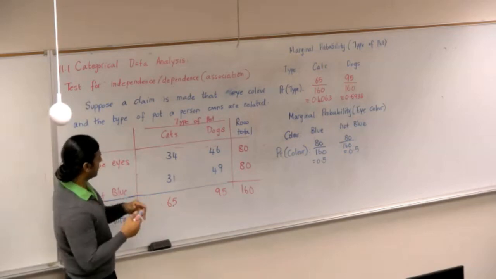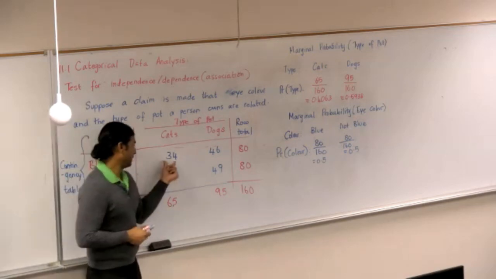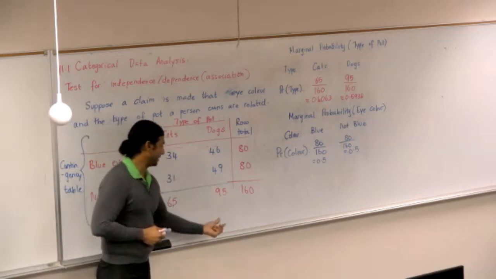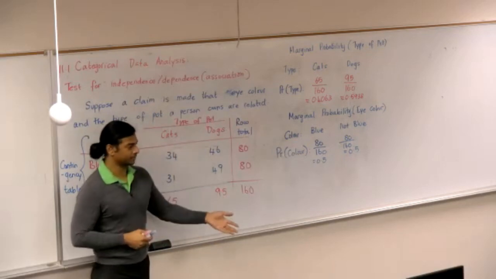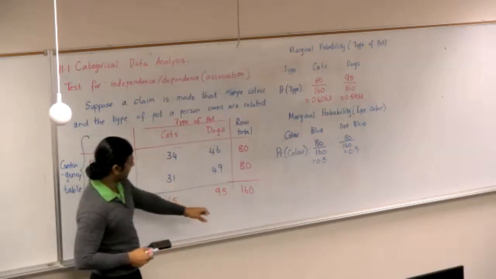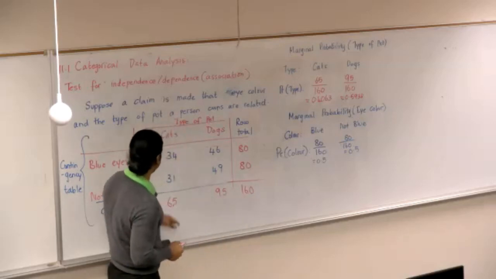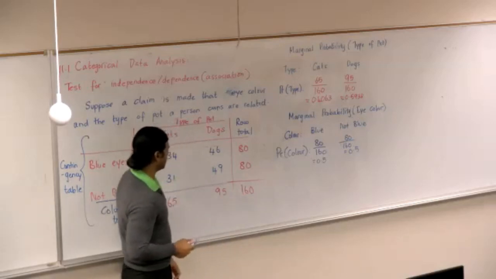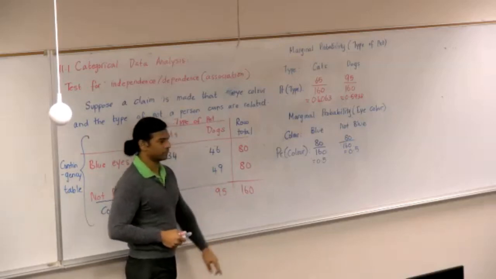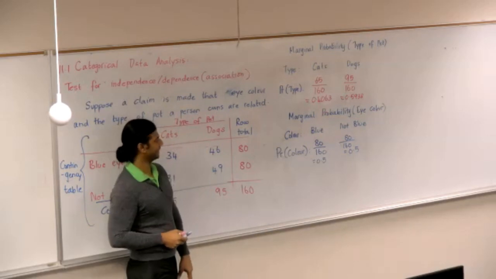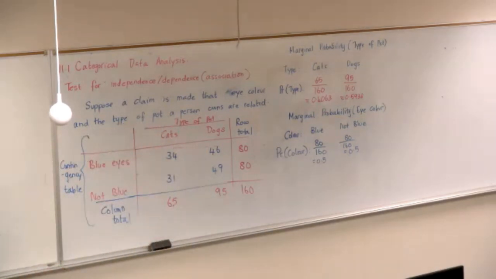So how do we find the joint probability? We take each value and divide by the total. So 34 divided by 160, 46 divided by 160, 31 over 160, 49 over 160. Does that make sense? So let's find those 4 values, the joint probabilities.